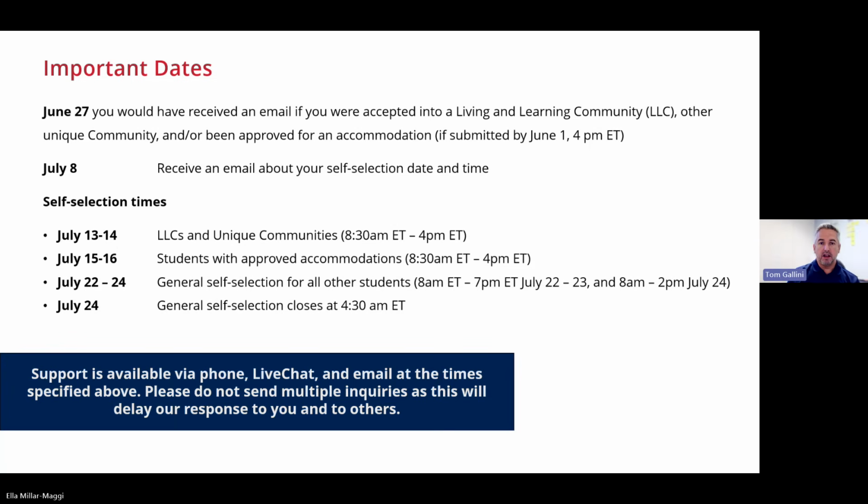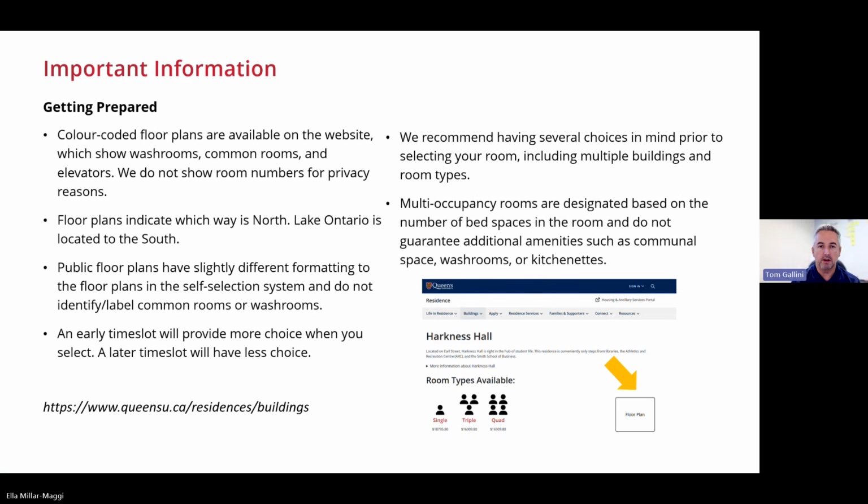In terms of getting prepared for self-selection, there are just a couple of things that you'll want to do. I've mentioned floor plans on the website. Those are color coded and the colors represent different room types: single, double, loft double, triple, quad. They also show communal washrooms, common rooms and elevators.